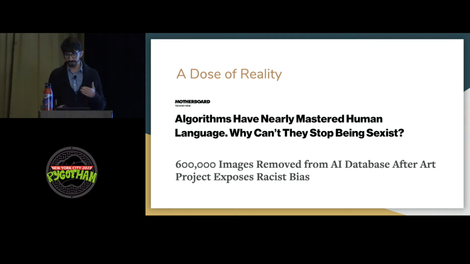So this raises another question. We're not saying everyone who has ever built a model is deliberately trying to be as discriminatory as possible. Quite the opposite. It's usually out of almost accident. People just don't think about these things because the data frames your point of view.